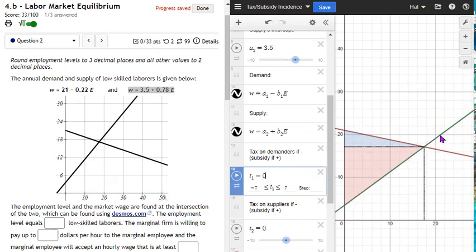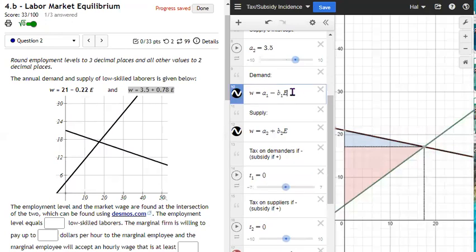This is the labor supply curve, which is represented here as that curve, right? This axis here is the wage rate axis, the y-axis. This axis here is the employment level, or the x-axis, right? So the employment level is x, y is w, right?